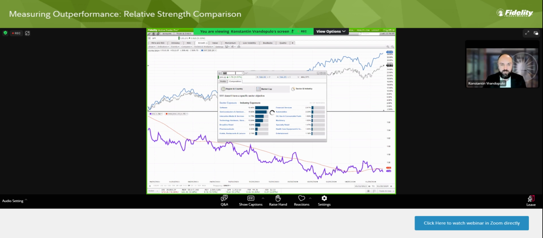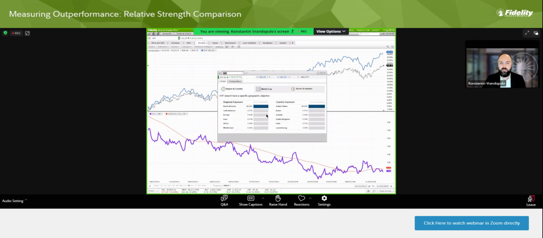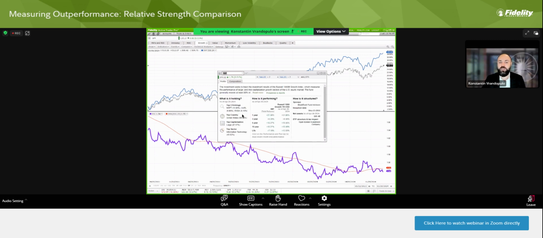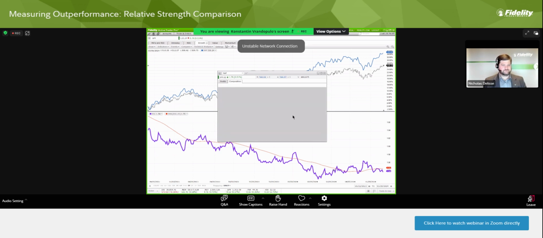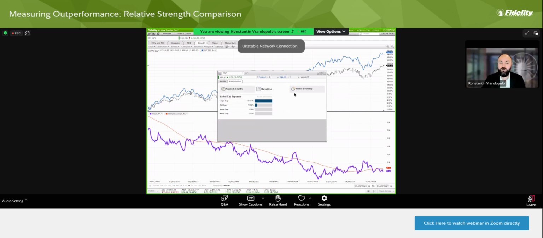IWF, how different is it going to be from what I just talked about? Well, it's a little bit less of a percentage for the top three, but they're the same names. And if you think about composition, they're going to look identical.